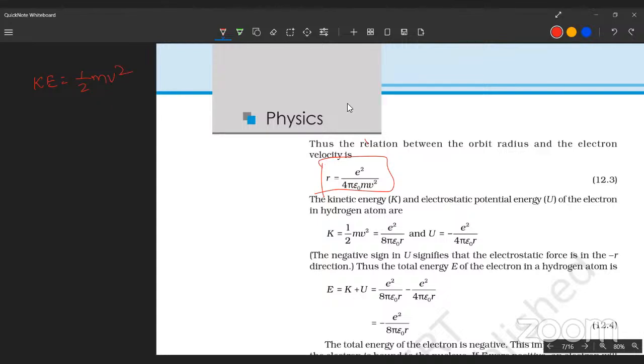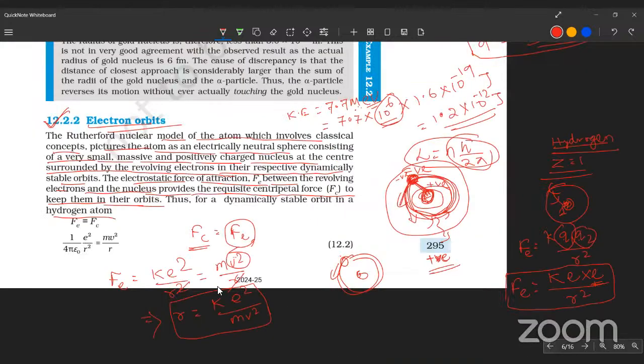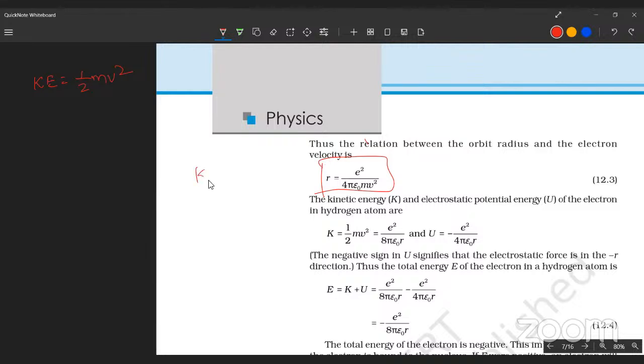And what is the v square we got from the last? K e square by r square equal to mv square by r. So what is your mv square value you are getting? mv square is K e square by r. This is the mv square value you are getting. Clear?